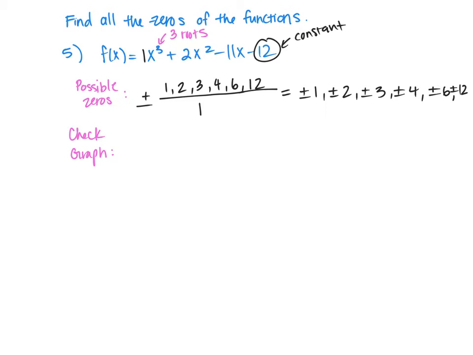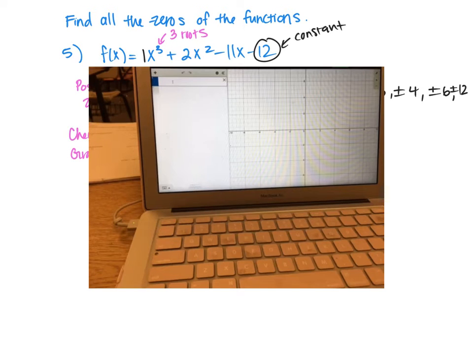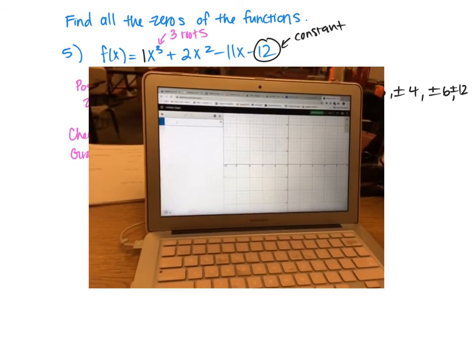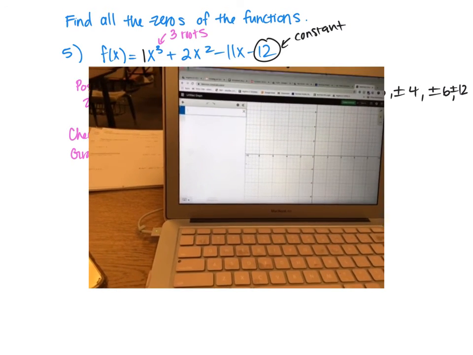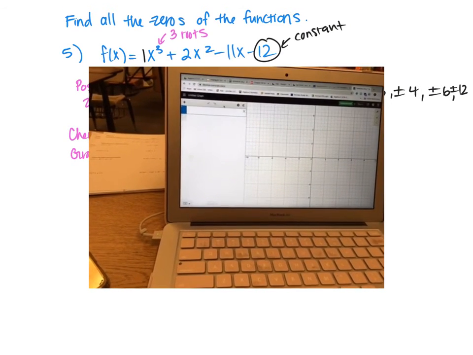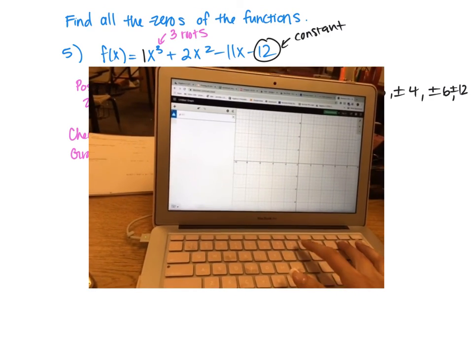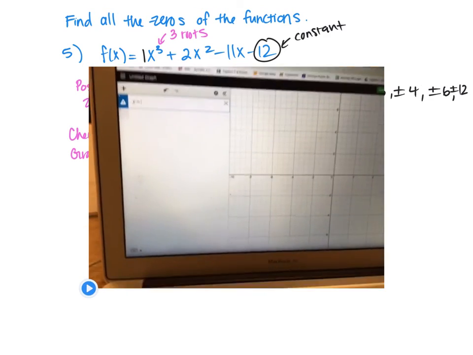So what I'm going to do is flip my camera here. I'm going to do video, switch my camera. And here we go. So I'm going to type this into my keyboard. I'm already in Desmos, as you can see, and I'm going to type this in. So I'm going to do y equals. Maybe I can get you close to the screen.